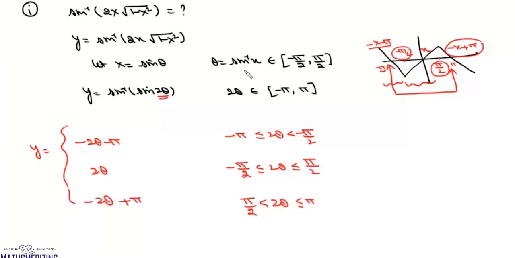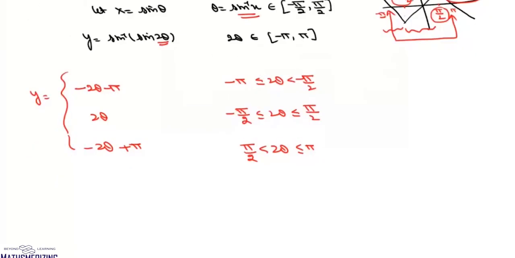Now we'll replace theta with sin inverse of x. So we can write y equals minus 2 sin inverse of x minus pi, when minus pi is less than or equal to 2 sin inverse x, which is less than minus pi by 2.